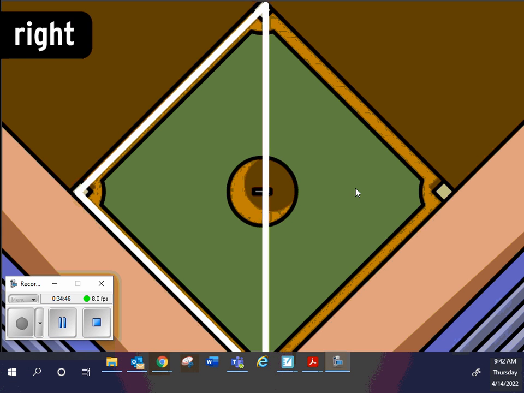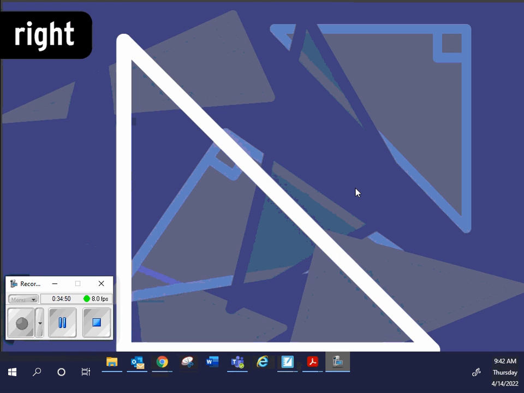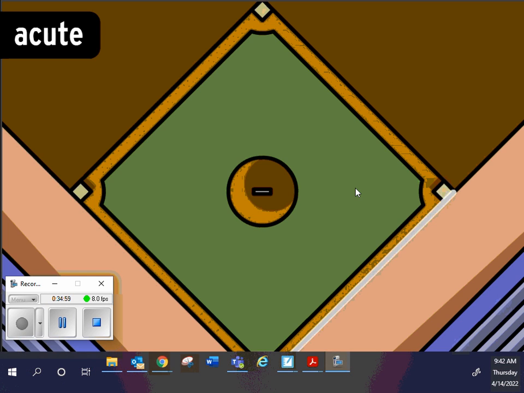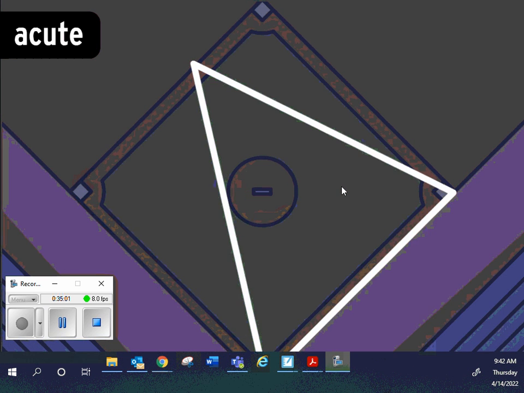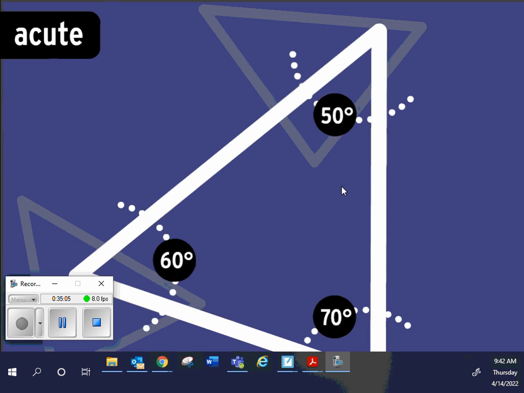Right triangles have one right angle that measures 90 degrees. The long side of a right triangle is called the hypotenuse, and the 2 sides that form the right angle are called the legs. Acute triangles have 3 acute angles. An acute angle is one that measures less than 90 degrees.